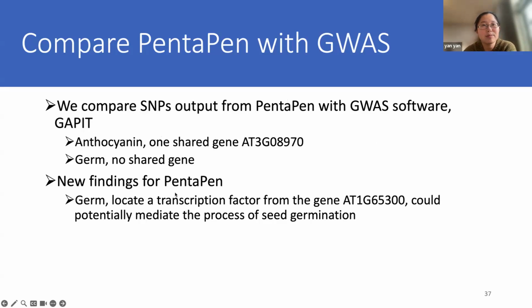We also find some potential new genes reported by PandaPen for the germination days. This one is a transcription factor that could potentially mediate the process of seed germination, so it could also serve as an additional candidate worth further study.